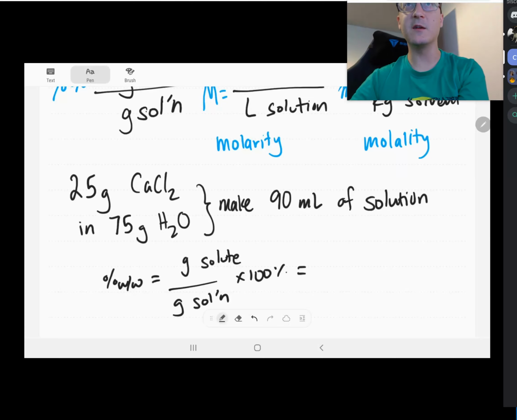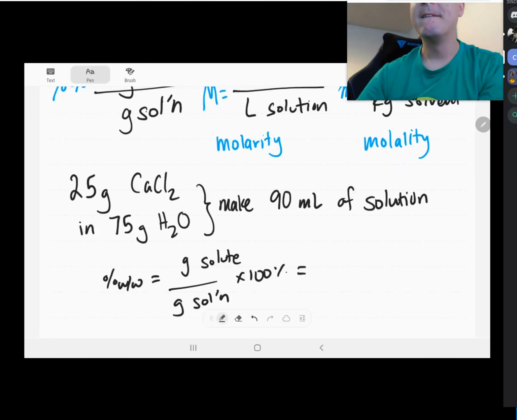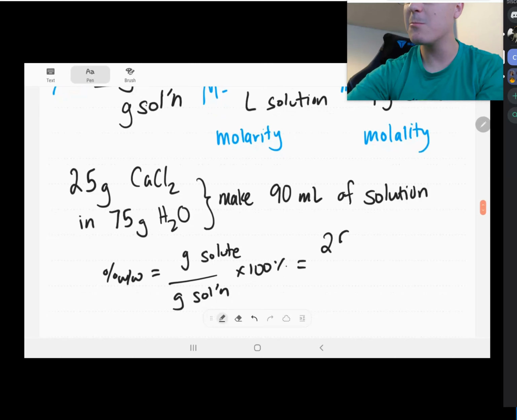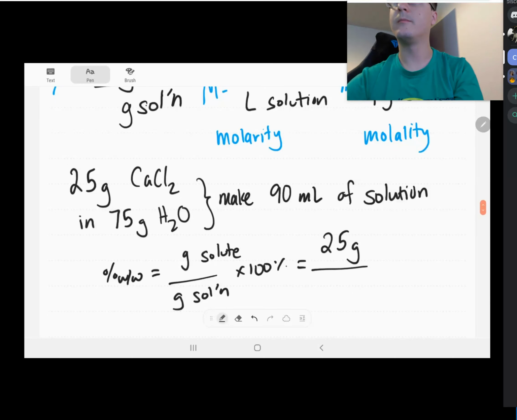Which one of these is going to be our solute? Yeah, calcium chloride, right? So that's going to be our 25 grams on top. Now, what is the mass of our overall solution?